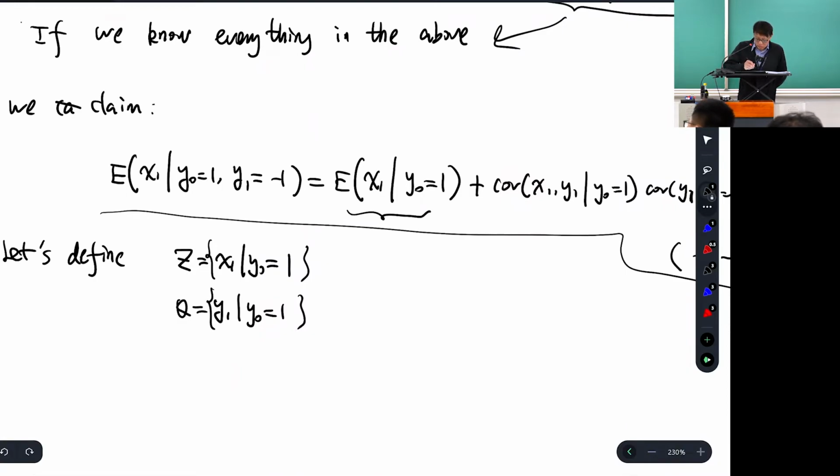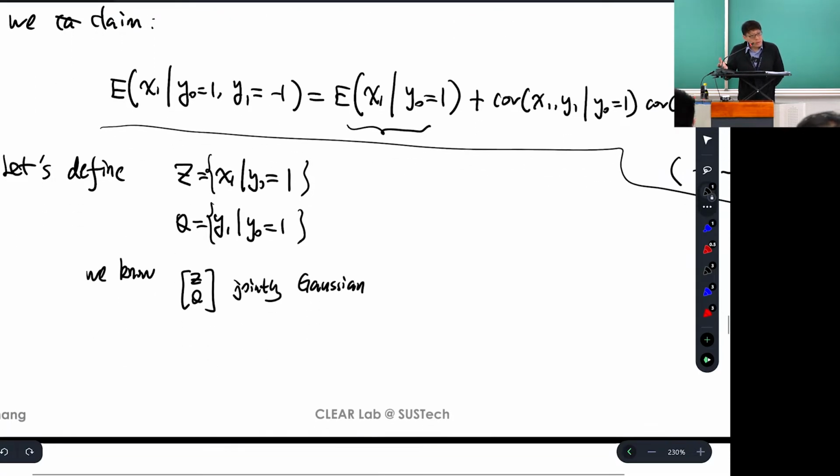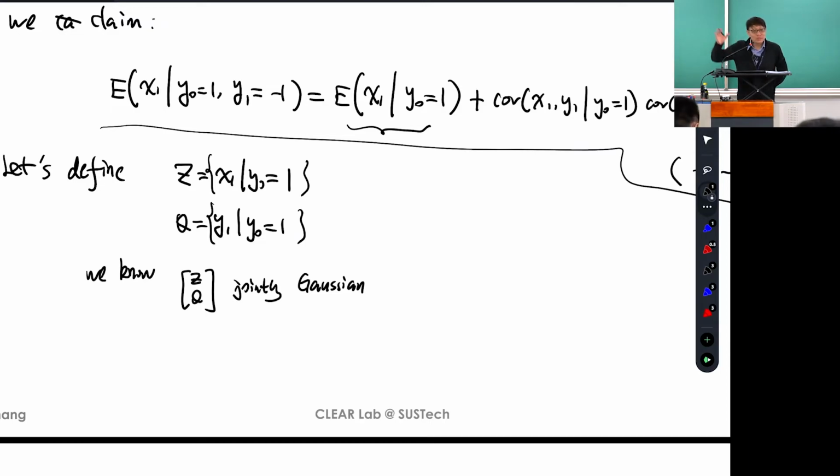And suppose we know z and q is jointly Gaussian. Do you think so? They are, okay? As I mentioned, you can always assume in the Kalman filter setup, everything is jointly Gaussian.